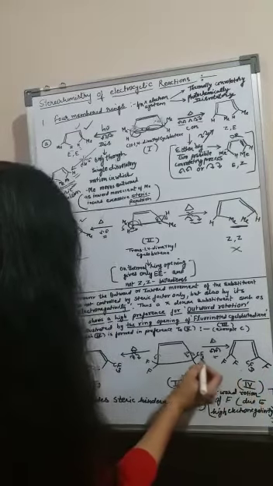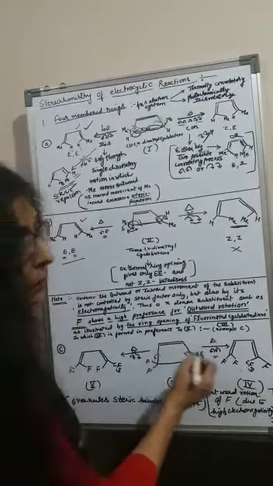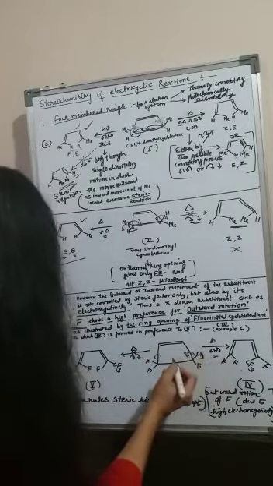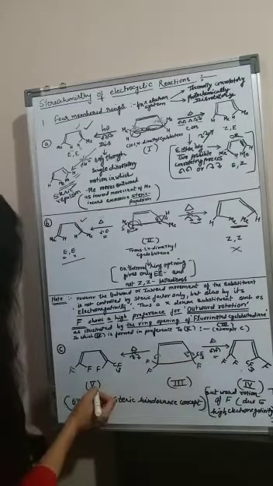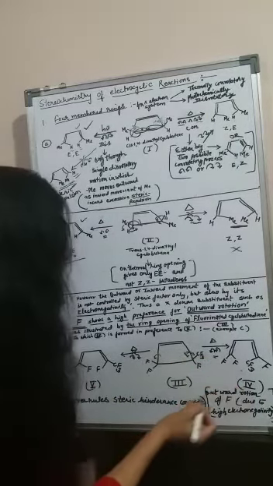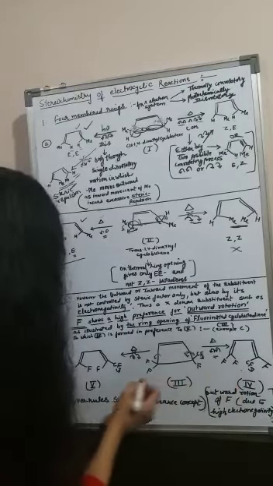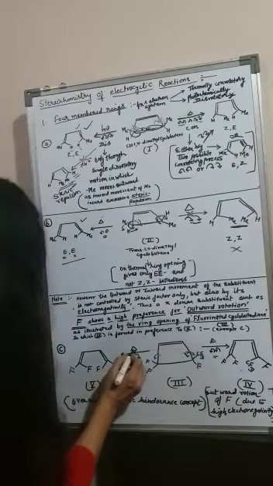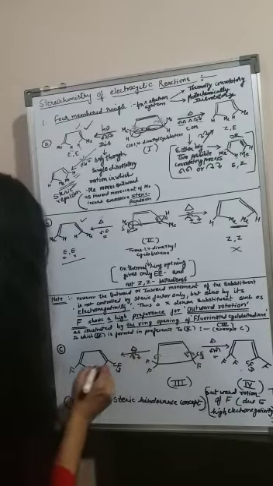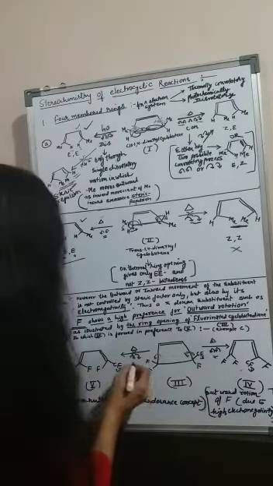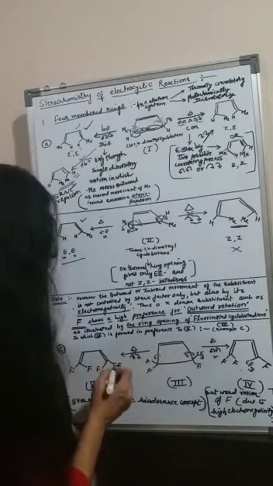So when there are two possibilities of the conrotatory process in the thermal process, only this product will be formed, this is not forming. So the process where both substituents move clockwise by the conrotatory process will not happen.